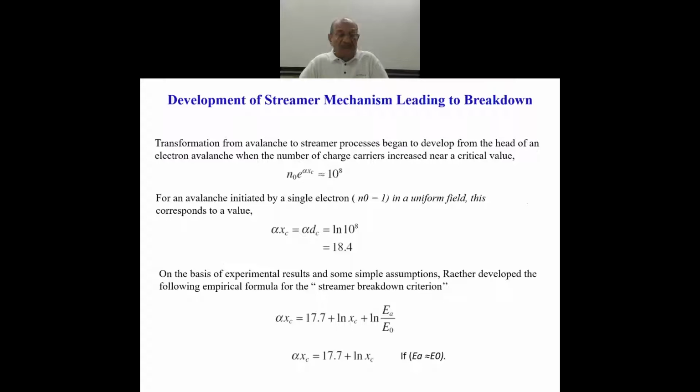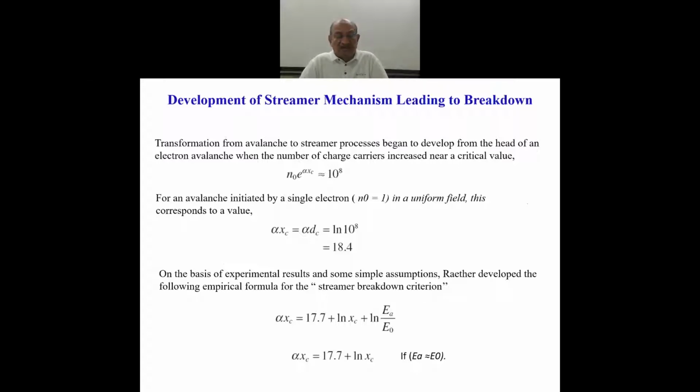But when the experimental investigations on slightly longer gap distances were performed by other scientists, after Townsend, the instrumentation techniques also improved.